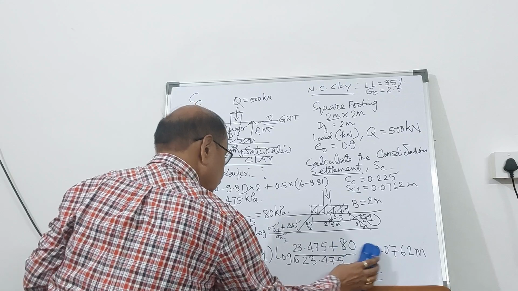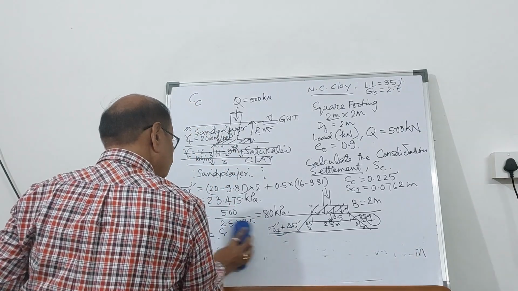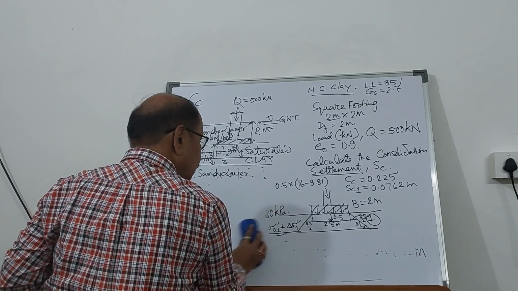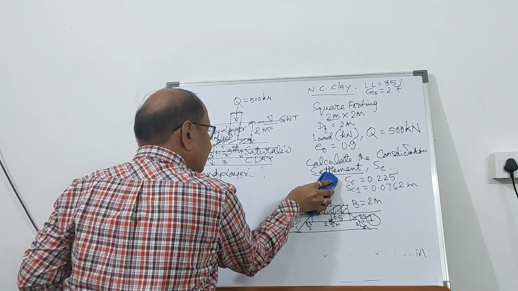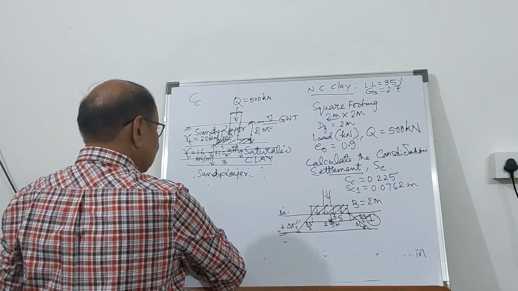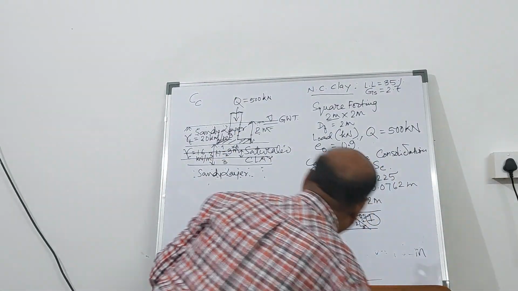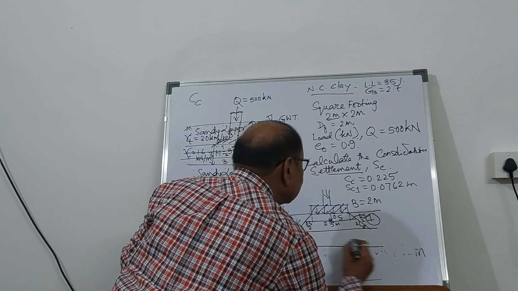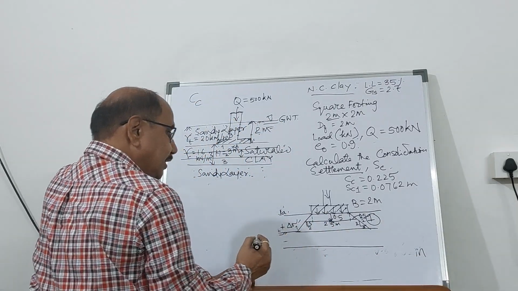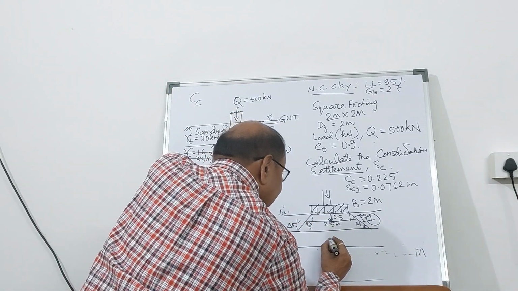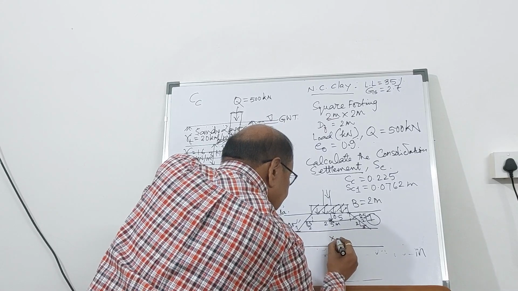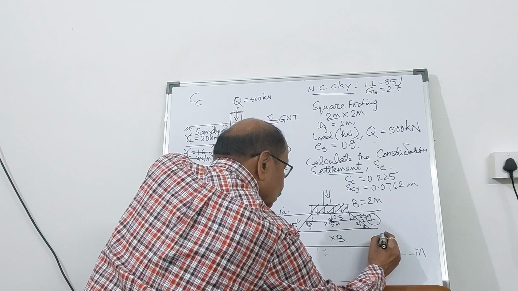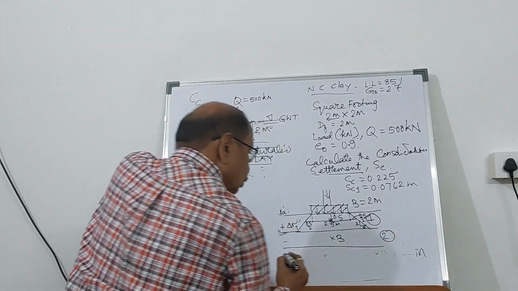Now we need to calculate for the second layer. The second layer is going to be also of 1 meter. So at the midpoint, say the midpoint is B, this is layer 2.